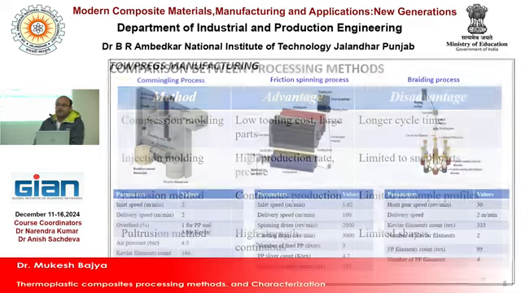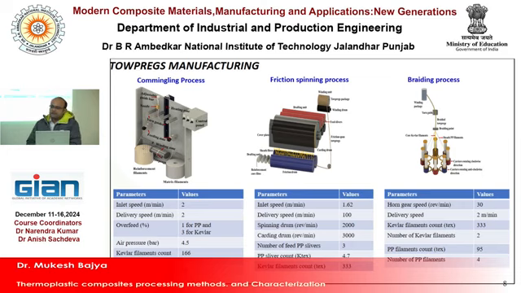These are the different tow prepreg manufacturing techniques. Whenever you are manufacturing composite materials, you need to prepare the tow, and the tow can be prepared by different techniques. One is the commingling process. In the commingling process, you can see there are two materials: one is the reinforcement filament, another is the matrix filament. Basically, I am giving a very simple example.